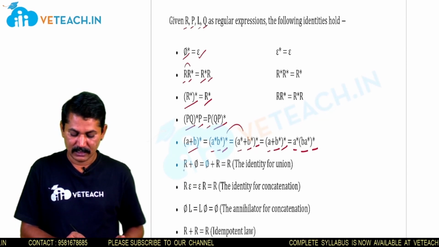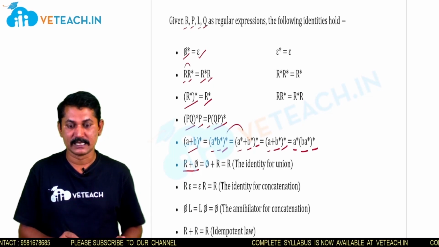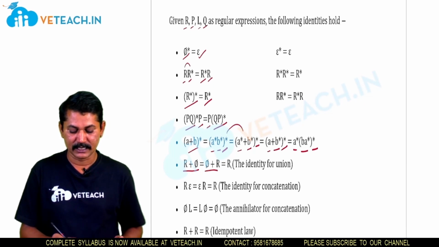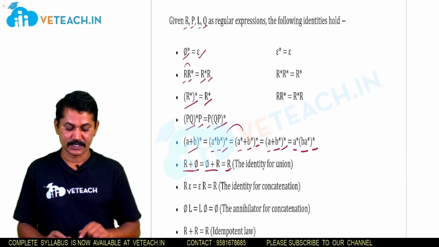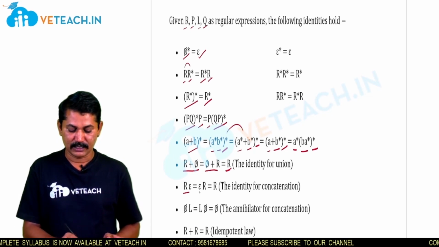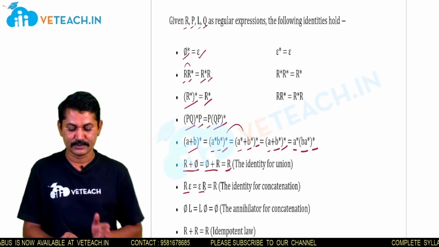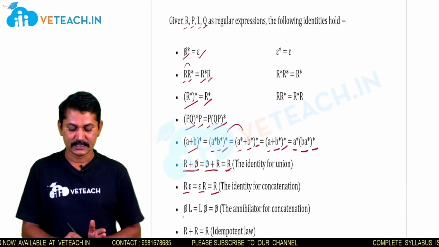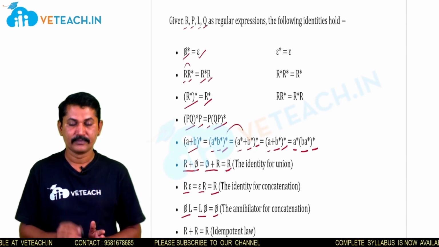Next one is the union or the concatenation of a regular expression with a null set, or a null set with a regular expression, gives the regular expression. Next one is the concatenation, that is epsilon R is R. That means the null set along with the language, or the language with the null set, gives the null set.